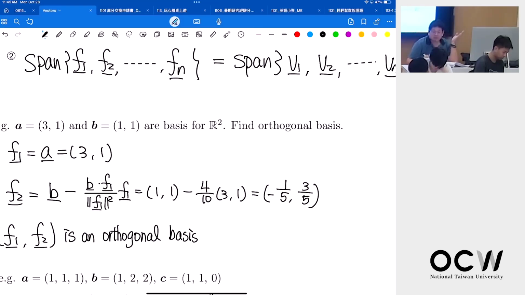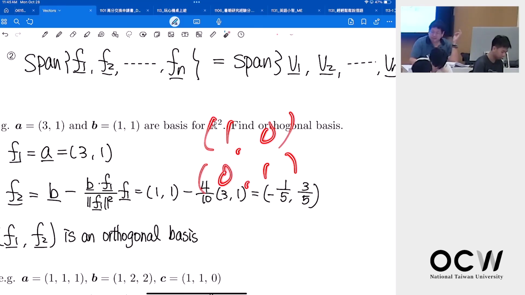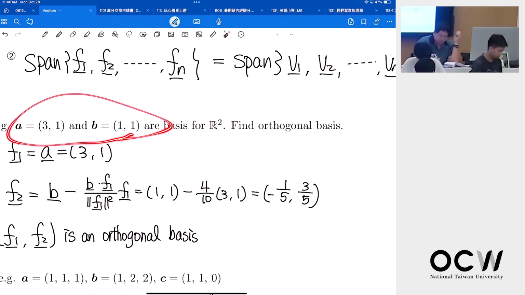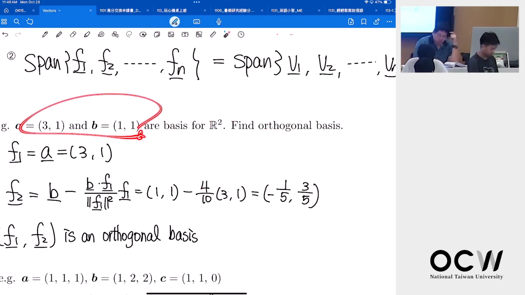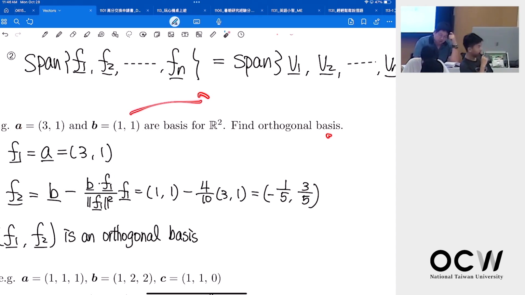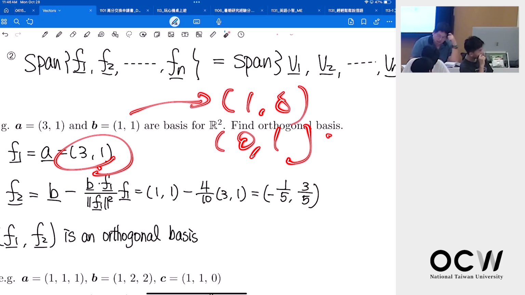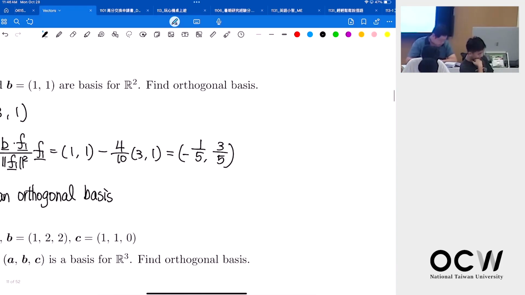So maybe you thought (1, 0), (0, 1) is the orthogonal basis. That's correct. But to convert these two vectors as a basis to the orthogonal basis, the final answer is not just (1, 0), (0, 1). It should be (3, 1) and here. It looks like this is (1, 0), (0, 1), but I rotate.